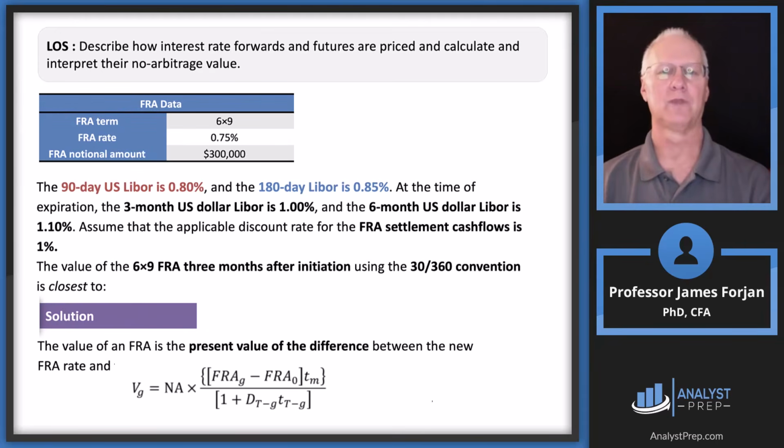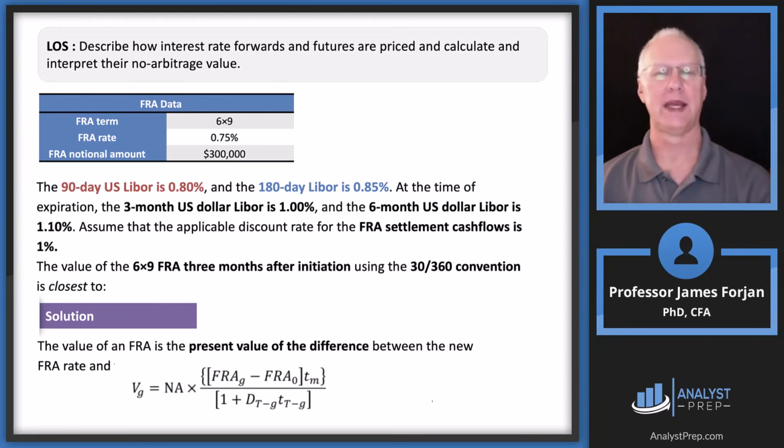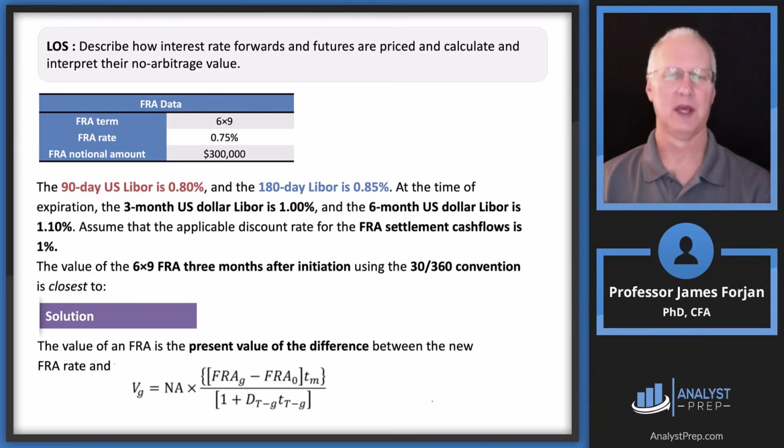So here's our 6/9 FRA term. The fixed rate is 0.75%, notional $300,000. What are we given? 90-day US LIBOR is 0.8%. 180-day LIBOR is 0.85%. At the time, the 3-month US LIBOR is 1% and the 6-month is 1.1%.